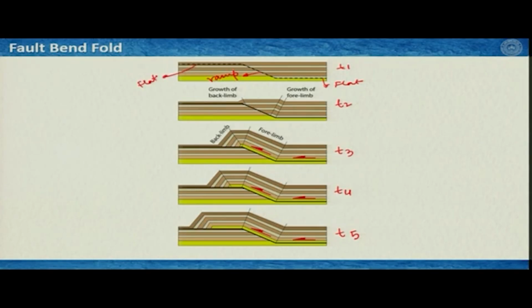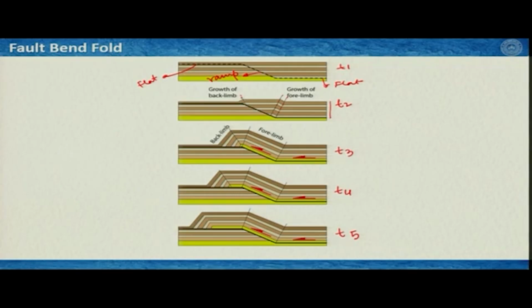Now when this hanging wall material tries to ride over this ramp-flat, it has to produce a kink-like feature at the forelimb, and this is known as growth of the forelimb.